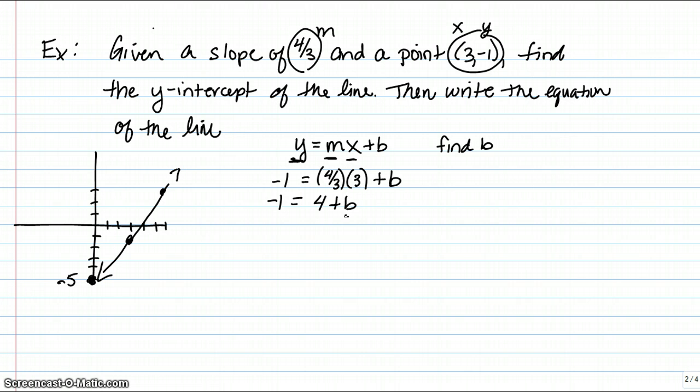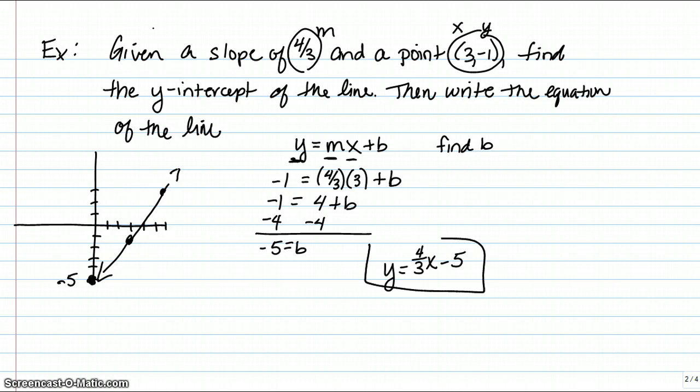And then afterwards, to get b by itself, you just solve by subtracting 4 on both sides of the equation. So I get -5 is equal to b. So yay, the y-intercept is -5, just like we got from the graph. And if I wanted to write the final equation, it would be y equals 4/3 x minus 5. And that would be the equation from the situation.